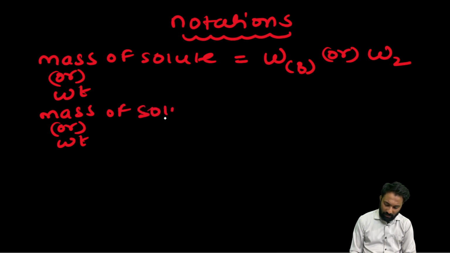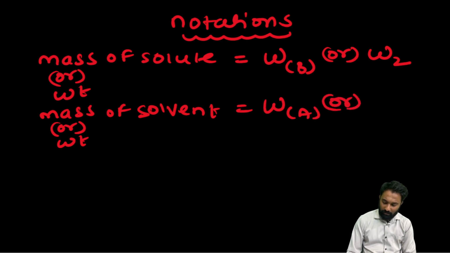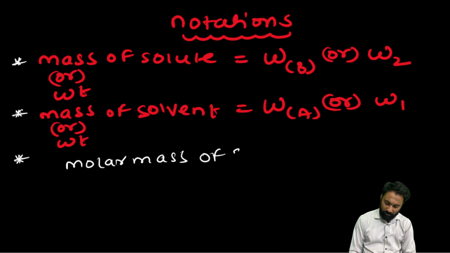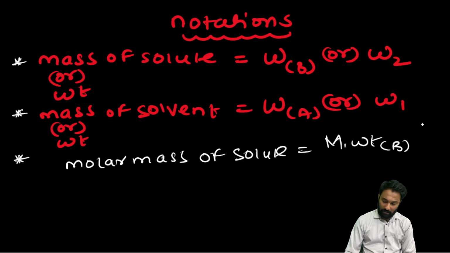Sir, mass or weight of which one? Of the solvent, we give it as WA or W1. Clear? Next we are going to give molar mass. Molar mass of the solute will be MB or M2.